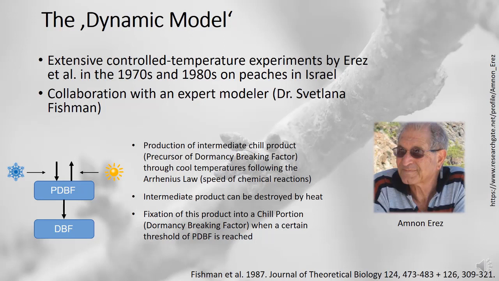And this originates once we have a certain amount of this precursor, and this then can no longer be destroyed. These chill portions accumulate throughout the dormancy season, and they determine when the tree is ready to experience heat and eventually build up to bud break.